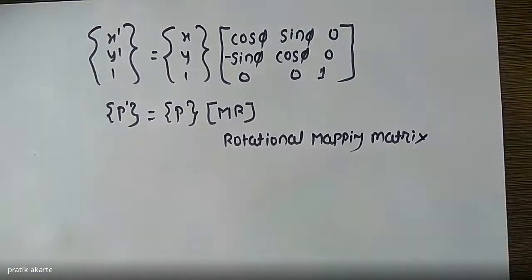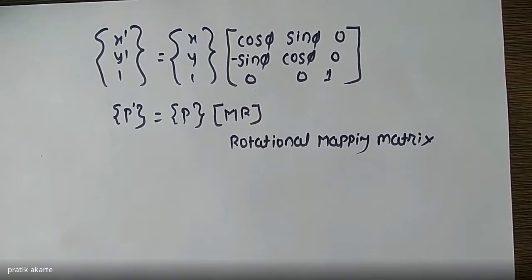Okay, so what is rotational mapping? When the condition exists like that, the origins of both the coordinate systems are coinciding, but the axes are at some angle. In that case, the mapping involved is your rotational mapping.